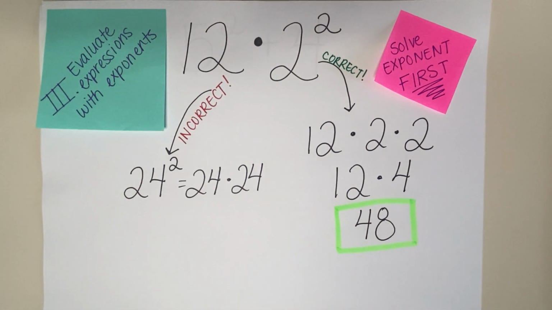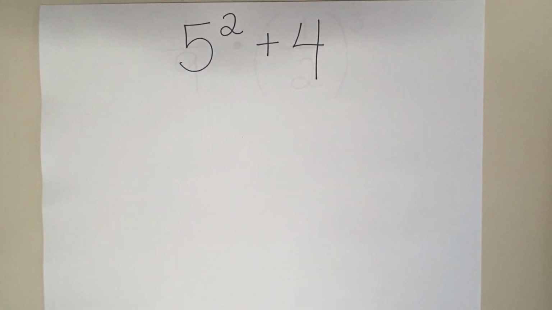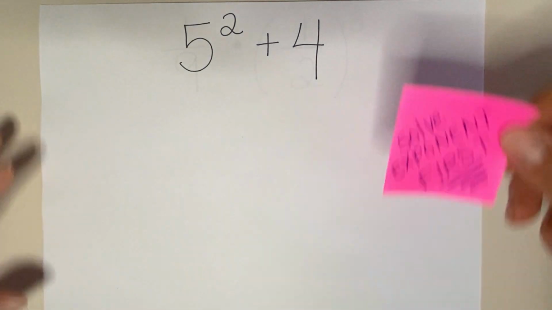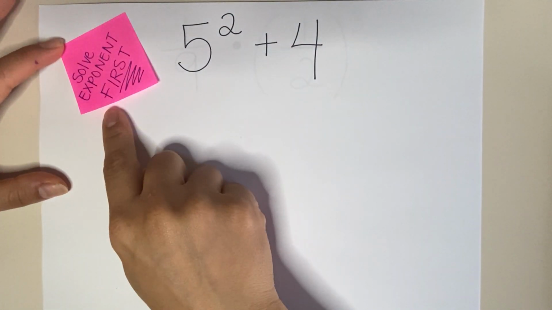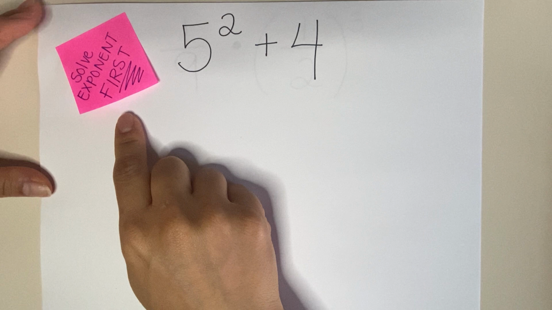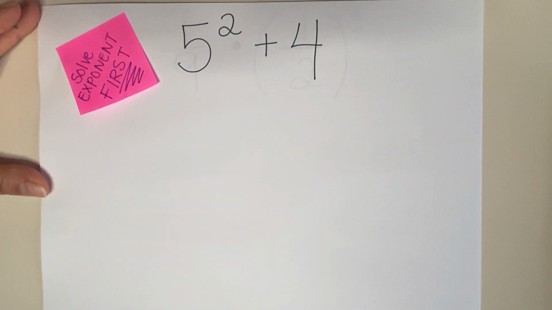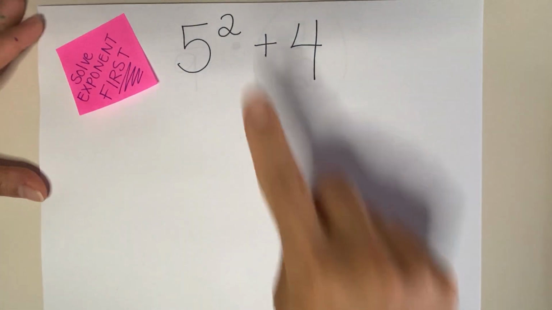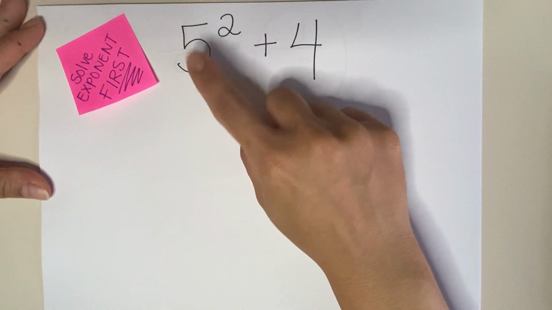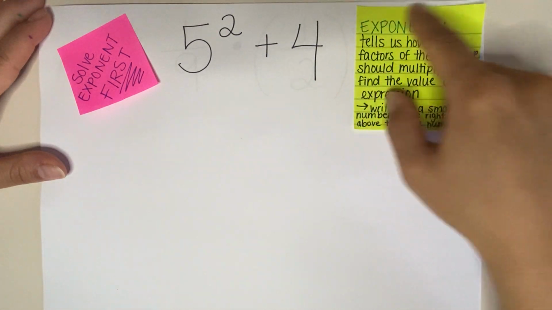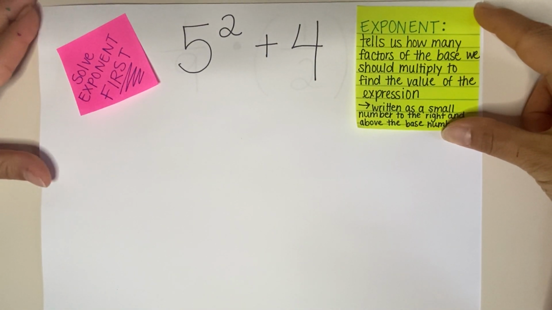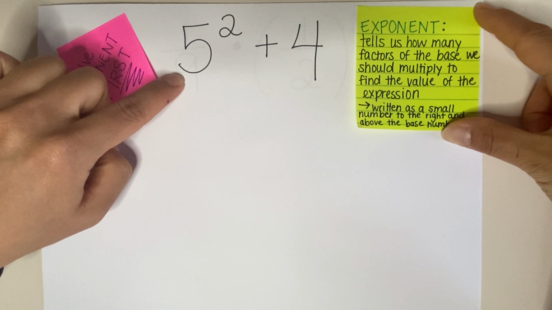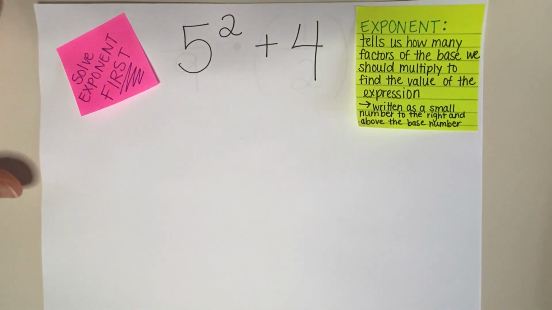All right, well, let's look at some more examples. Here's another one. 5 to the second power plus 4. And our keynote, solve the exponent first. So I'm looking at my expression, trying to see an exponent. Boop, it's right there. So we have 5 to the second. My exponent rule tells me that the exponent tells us how many factors of the base we should multiply to find the value of the expression.